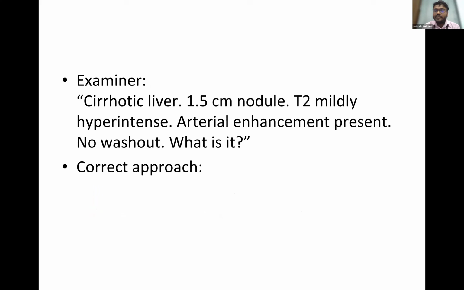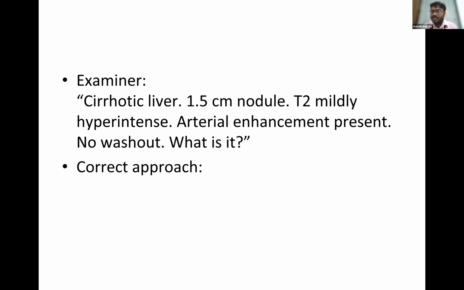Okay, cirrhotic liver, 1.5 centimeter nodule, T2 mild hyperintense, arterial enhancement present, no washout. Only arterial hyperenhancement in a cirrhotic liver. Can we call it HCC, LI-RADS 5? No. There is no washout, but there is arterial hyperenhancement.